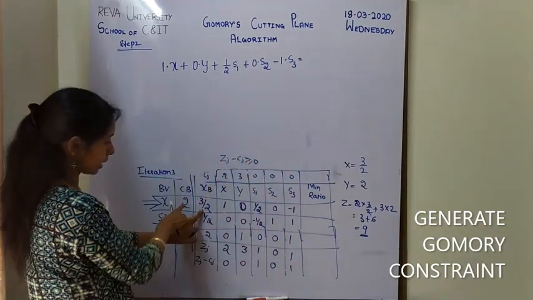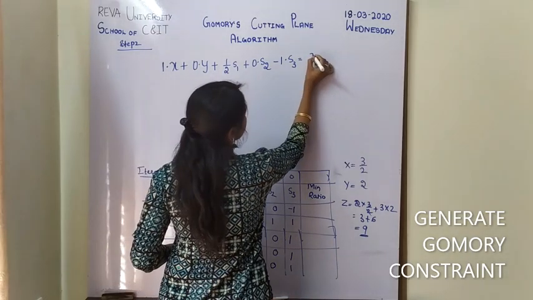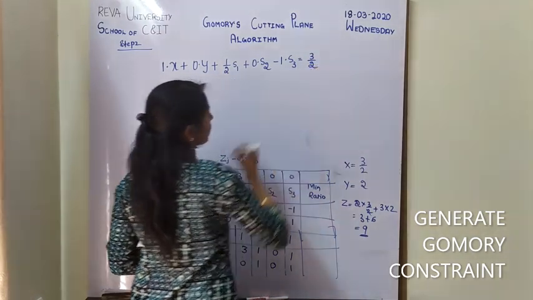That solution indicates here xb, this is equal to 3 by 2.